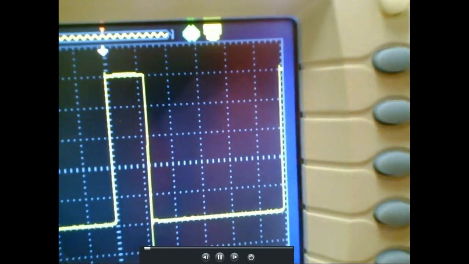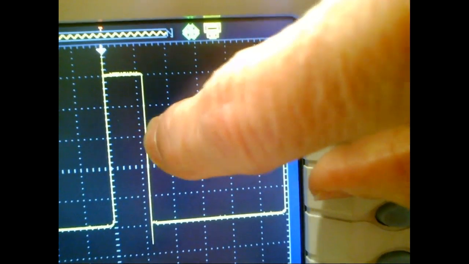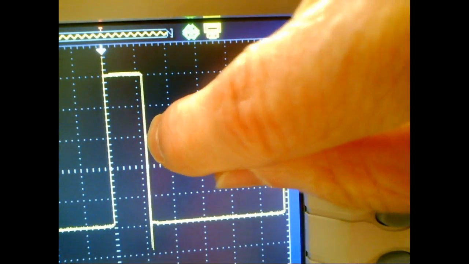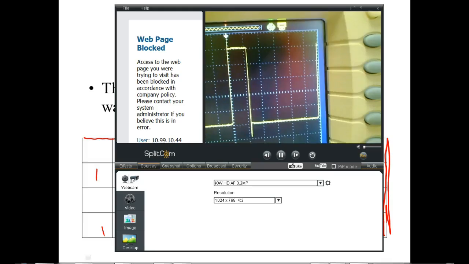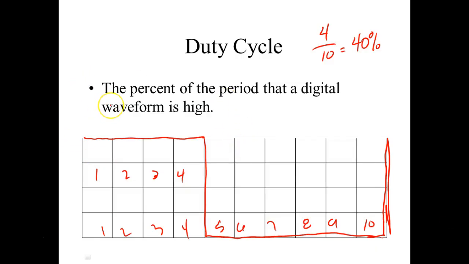See, here's the edge. There's one minor division. If I'm counting these as ones, what would each minor division be? There are five of them. So it's actually 5.2.